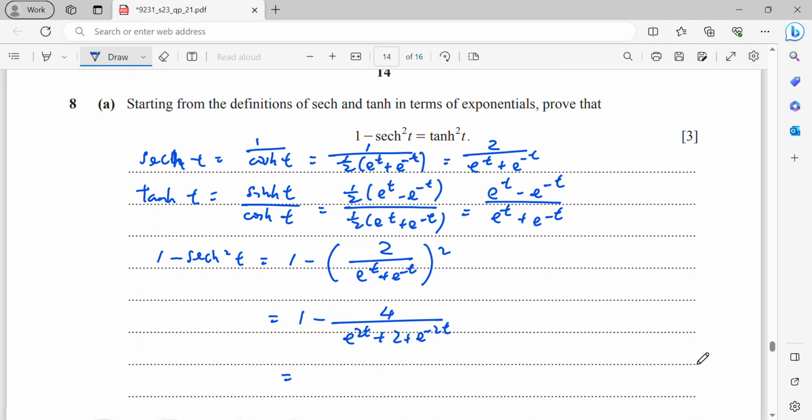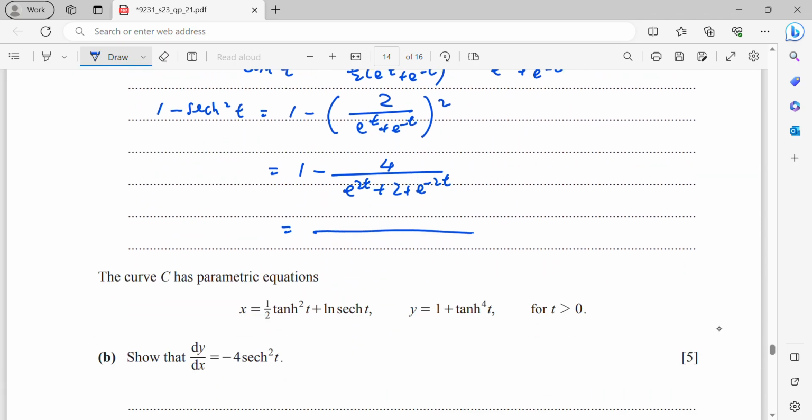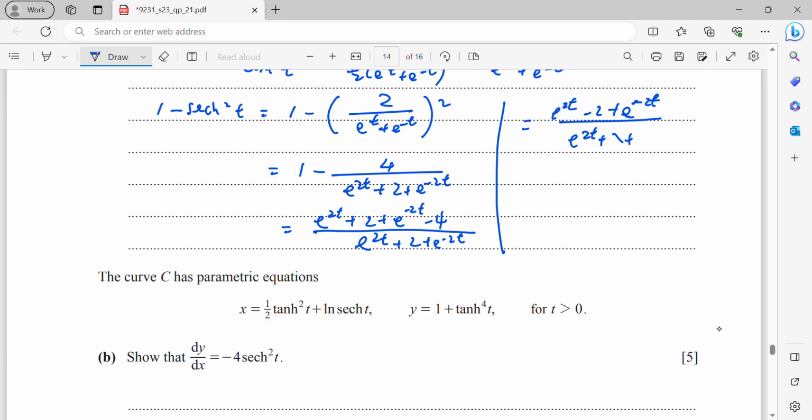Then when you simplify, get the same denominator, e^2t plus 2 plus e^-2t, just times by 1, I will get this. Then here I will get e^2t minus 2 plus e^-2t over e^2t plus 2 plus e^-2t.